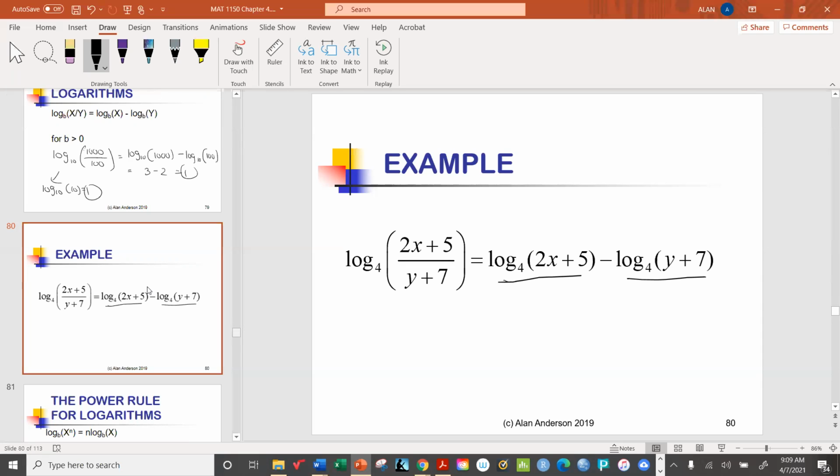Okay, so you can see that the two are closely related to each other.